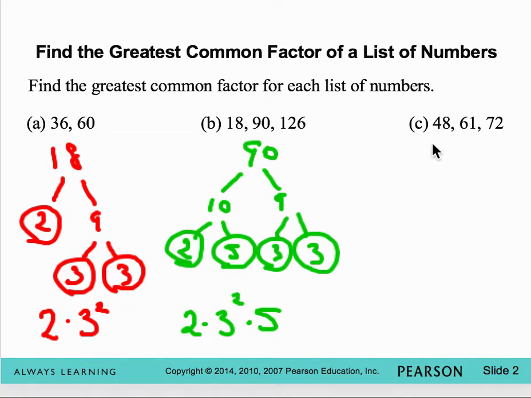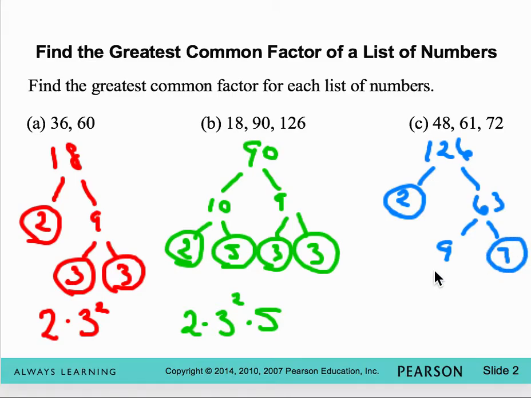And 126. Maybe that's 2 times 63. And 63 is 9 times 7. And 9 is 3 times 3. So this is 2 times 3 squared times 7.